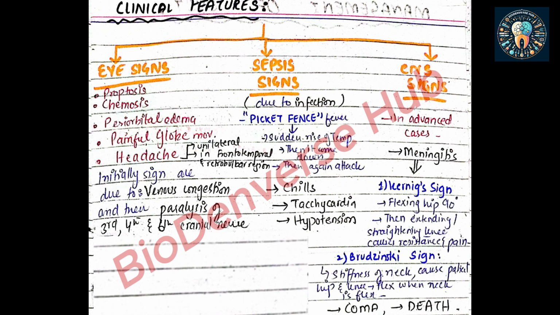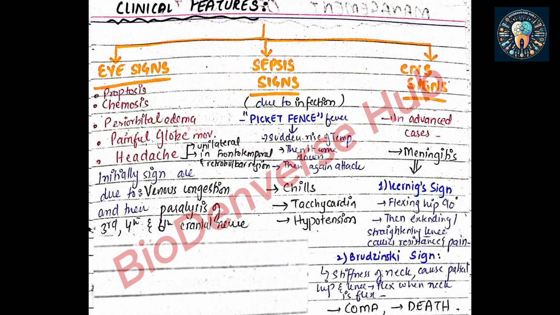Eye signs are proptosis, chemosis, periorbital edema, painful globe movement, and headache. But the headache will be unilateral and in the frontotemporal or retrobulbar region. Initially, these signs are due to venous congestion, and after that, due to paralysis of the third, fourth, and sixth cranial nerves present in the cavernous sinus.